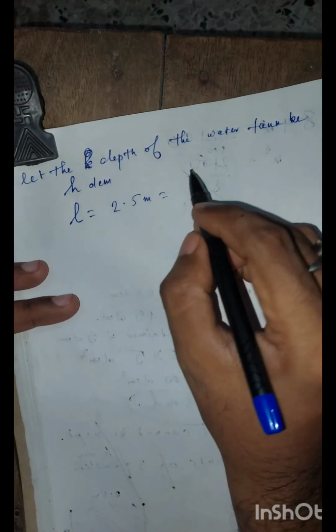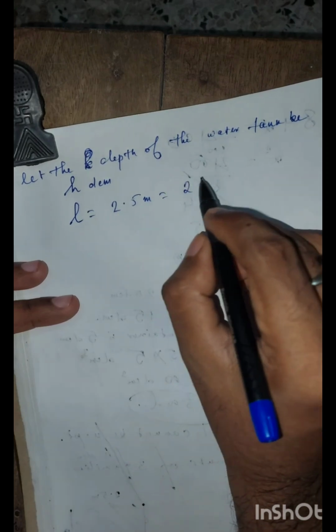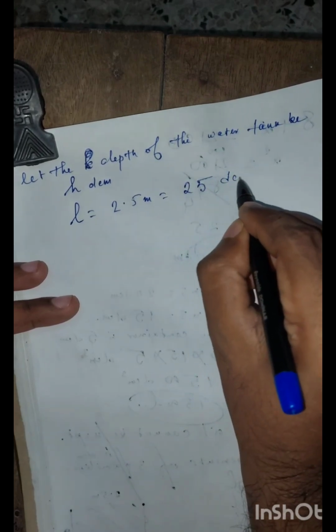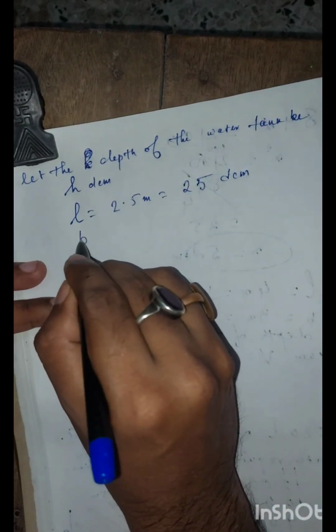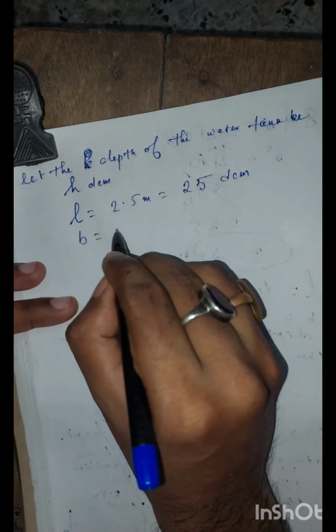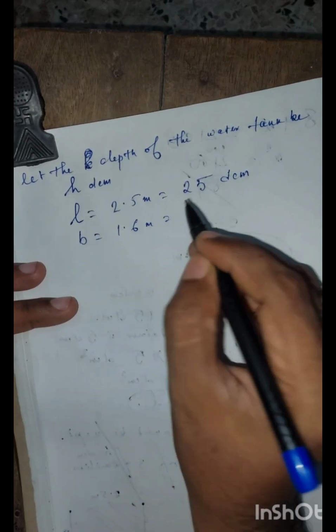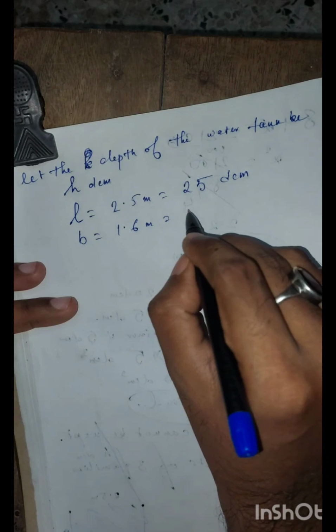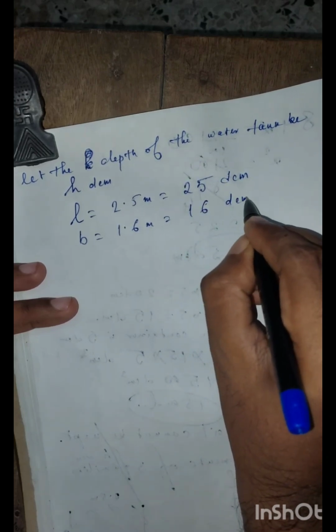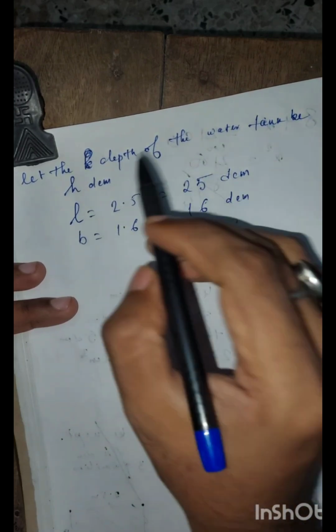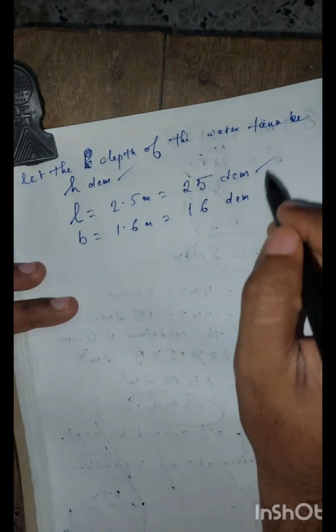That means 25 decimeter. Breadth is also given, which is 1.6 meter. That means 16 dcm. Okay, so these are our dimensions.